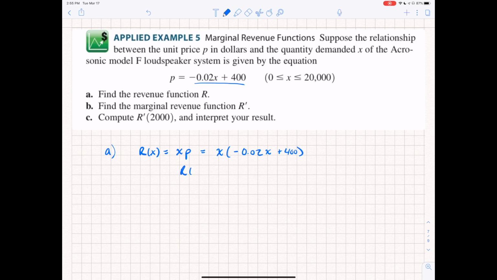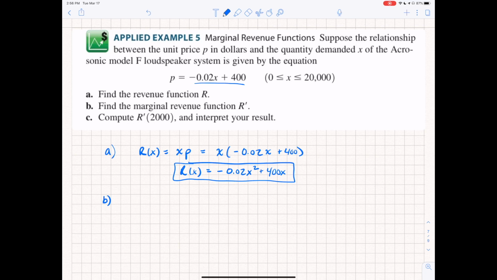To simplify this, I'll distribute: negative 0.02X squared plus 400X, and done. There's my revenue function. So this will compute for any quantity demanded how much money we would bring in from that.